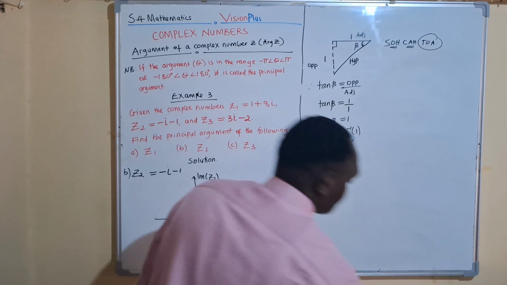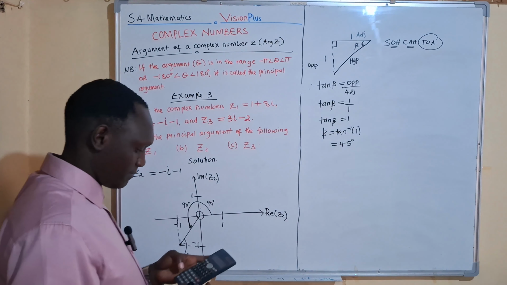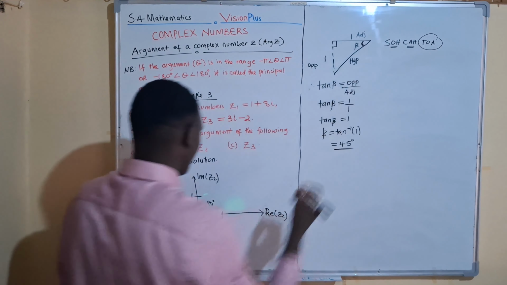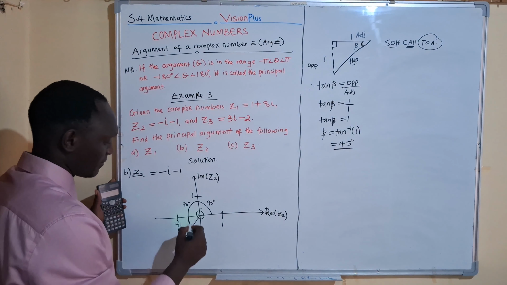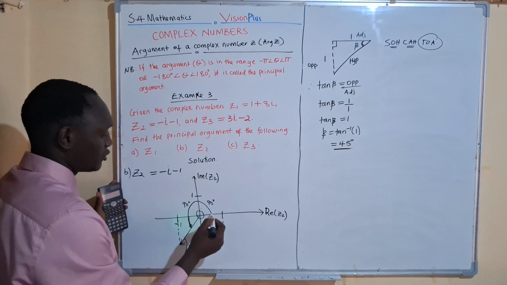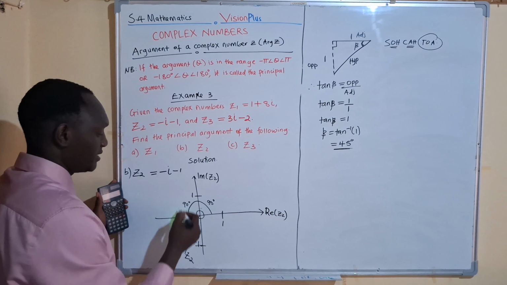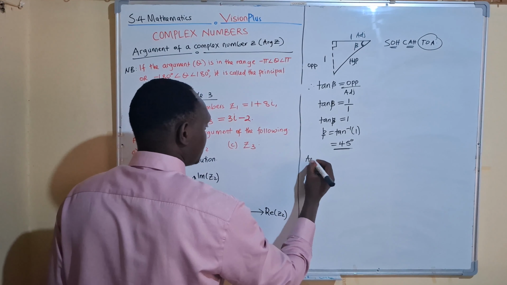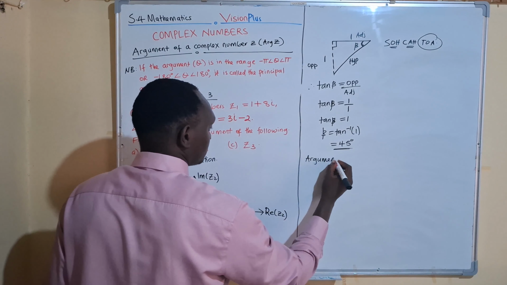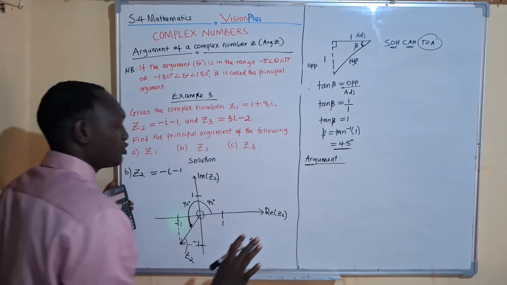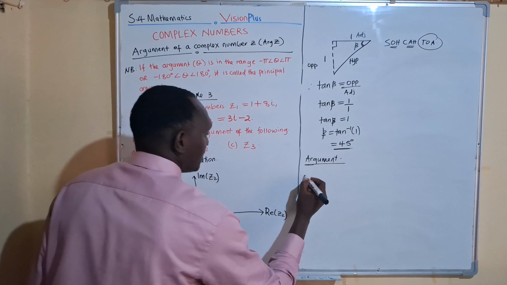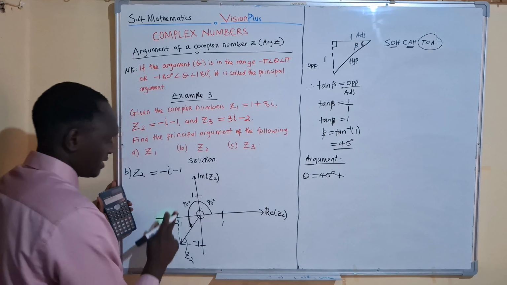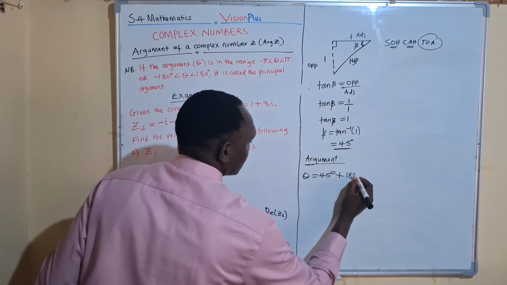So we have got this small angle here. Now for us to get the argument, which we are measuring anti-clockwise, we are not sure whether it is the principal argument or just an argument. Argument theta becomes that 45 degrees plus 90 plus 90, which is plus 180.